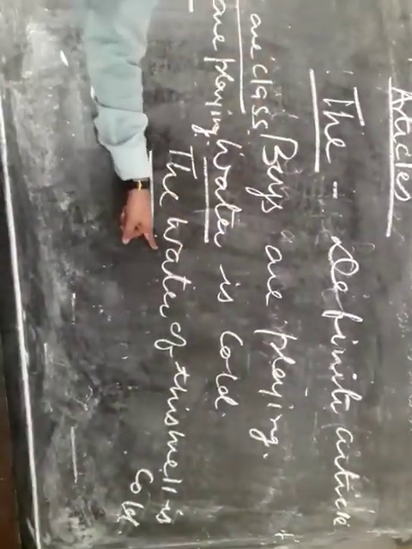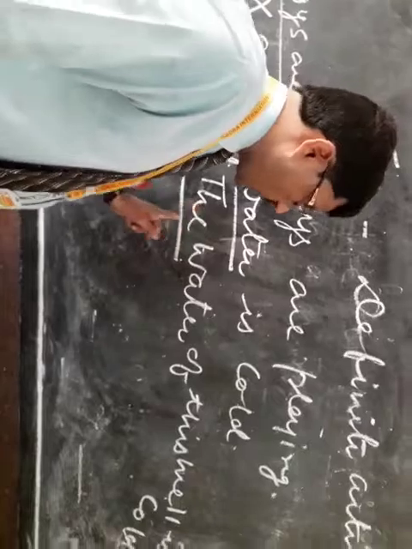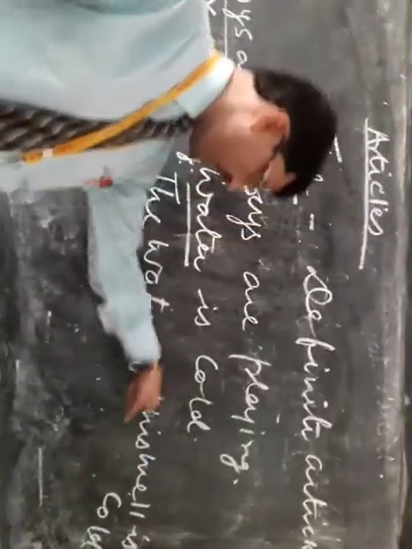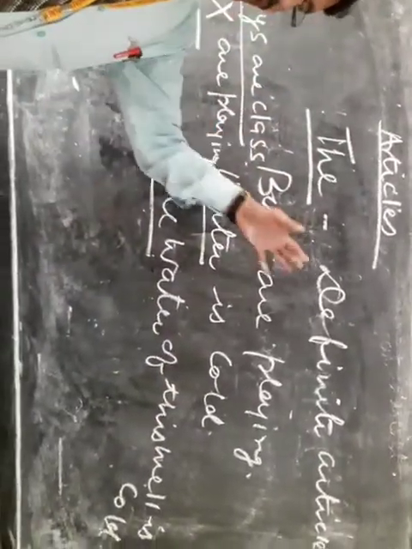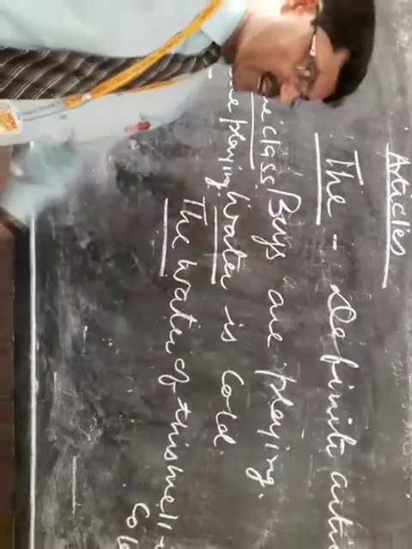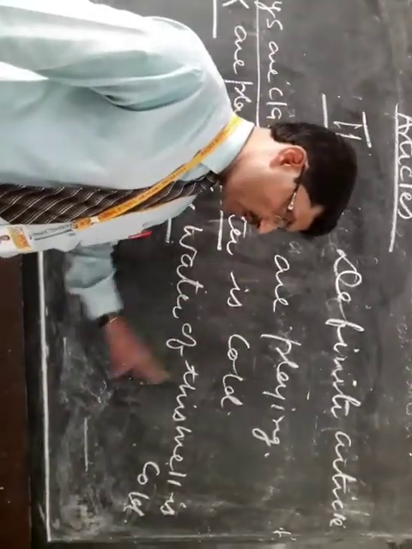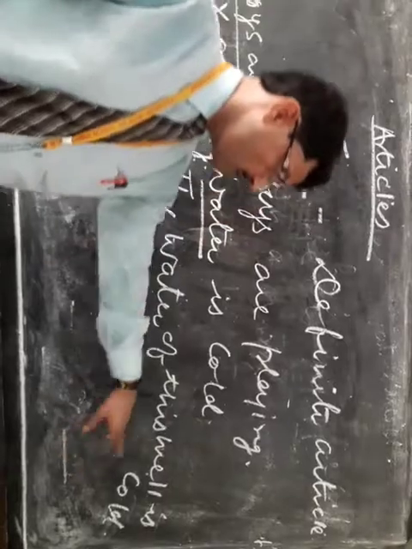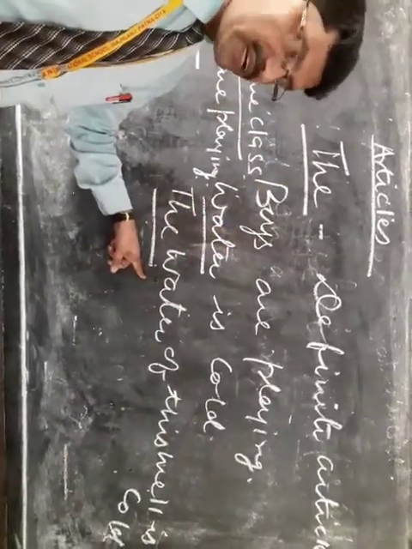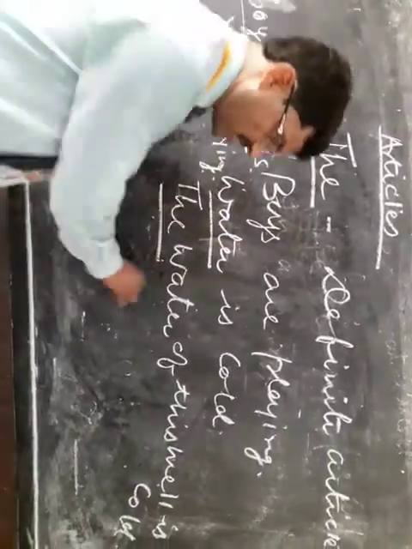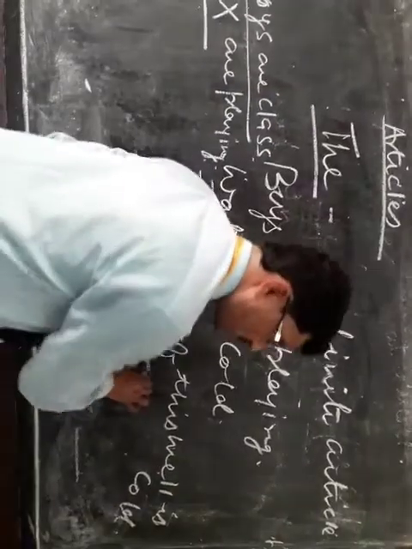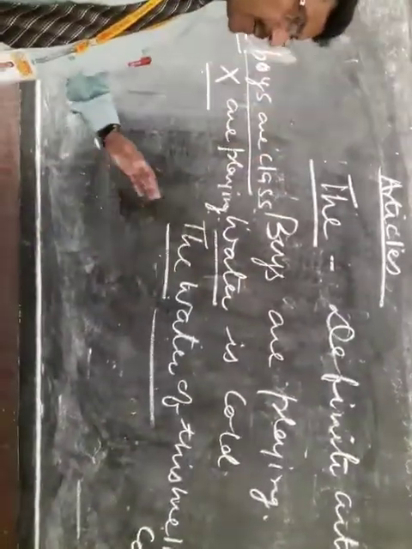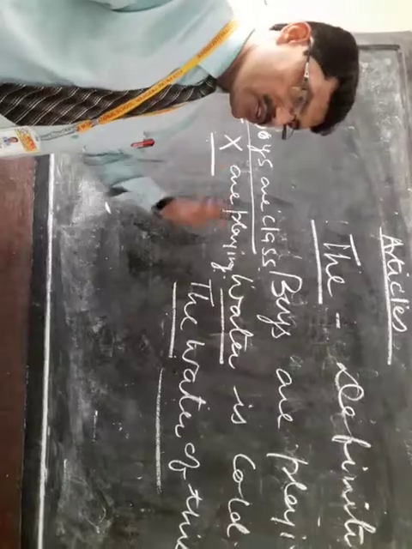Now here, water is used in a particular sense, because the water of this well is the well's water, not water in general. It is about a particular kind of water. So water is an uncountable noun, but here it has been used in a particular sense. So when any noun is used in a particular sense, we should use the.